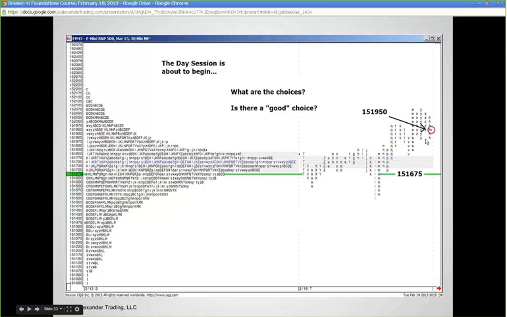Now, you've got your stop at, let's say, 15.17. What if your stop's taken out? What are you going to do then? You're probably just going to sit and see what's going on, right?